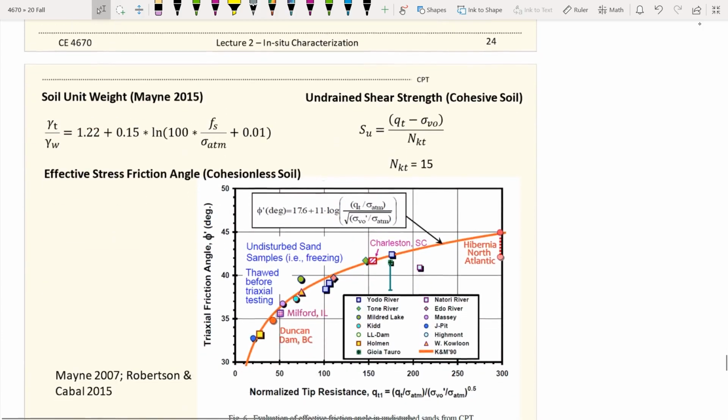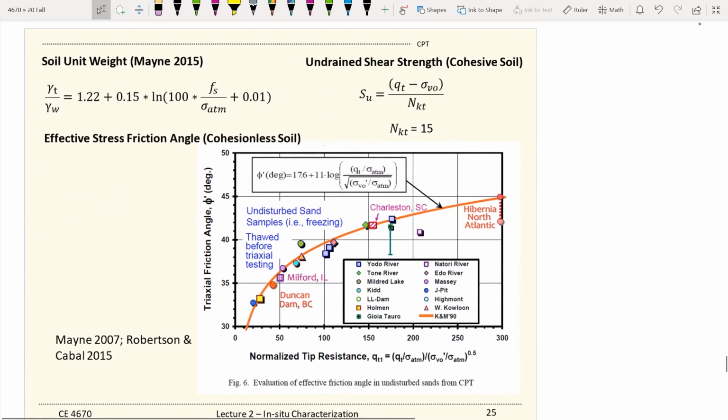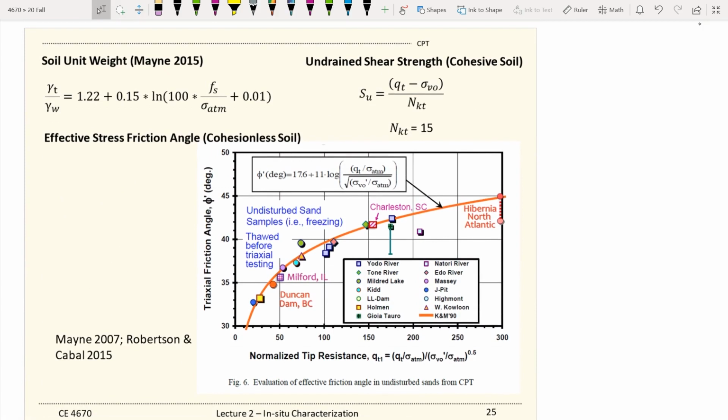In addition to that, the CPT data can also help you to correlate the unit weight of the soils that we need, and also the undrained soil strength.